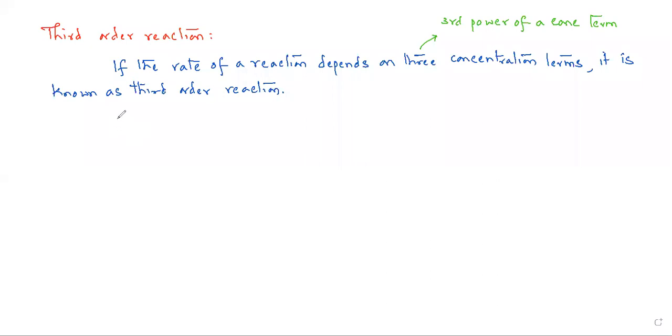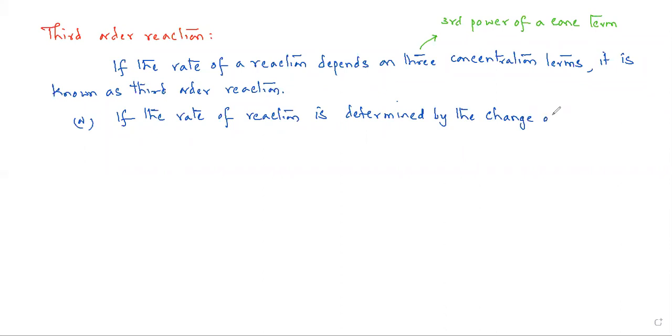Okay. If the rate of reaction is determined by the change of three concentration terms, it is a third order reaction.